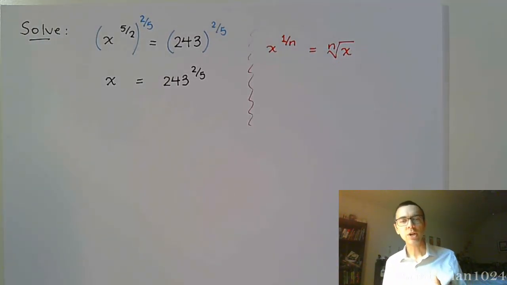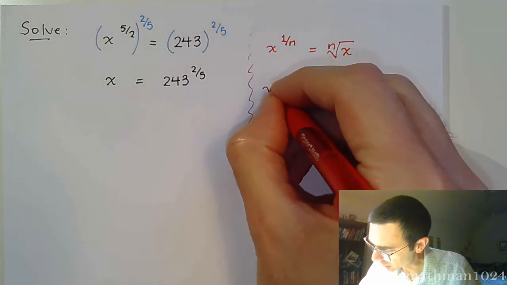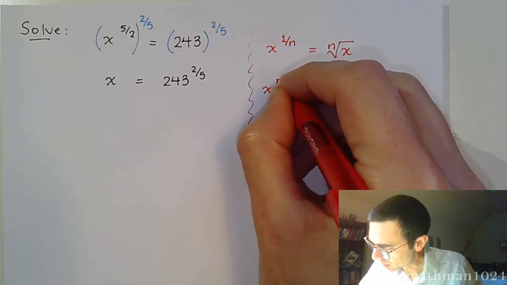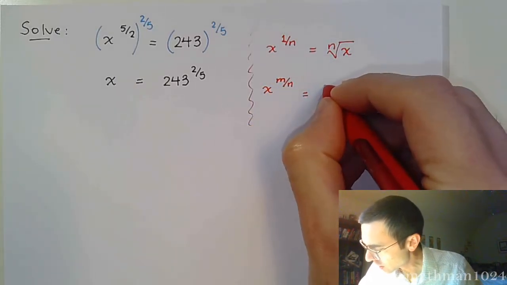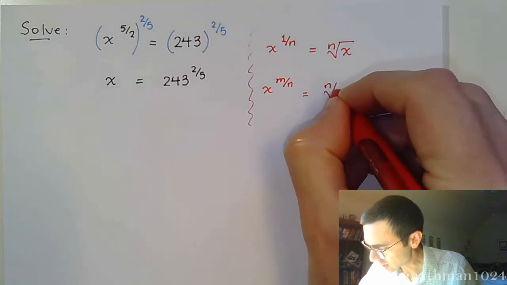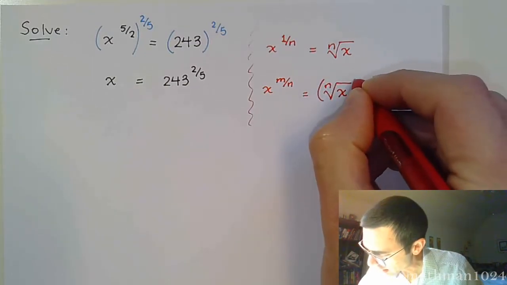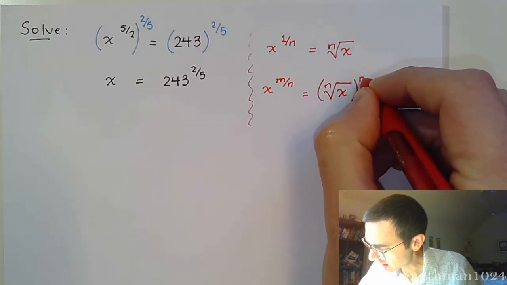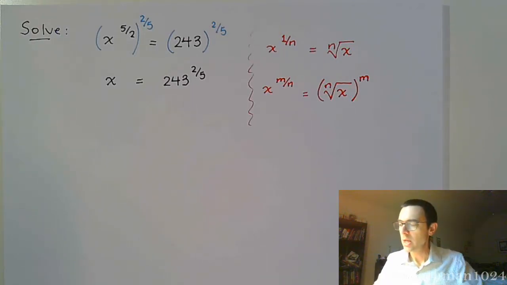Basically, the denominator of your power becomes the index of your radical. So if we have something other than 1 for the numerator of that power, the best way to write this is the nth root of x, all inside of parentheses, raised to the m power.